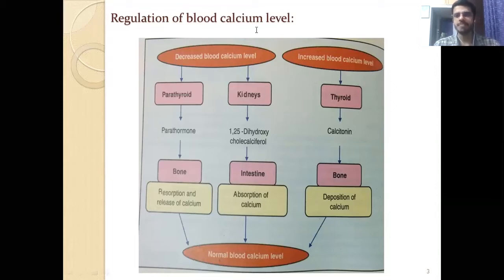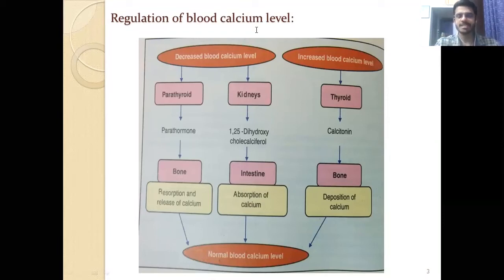What is the other name for the intestinal glands? Brunner's glands and crypts of Lieberkuhn. Good. Which are the cells producing mucus in the small intestine? Goblet cells, very good.